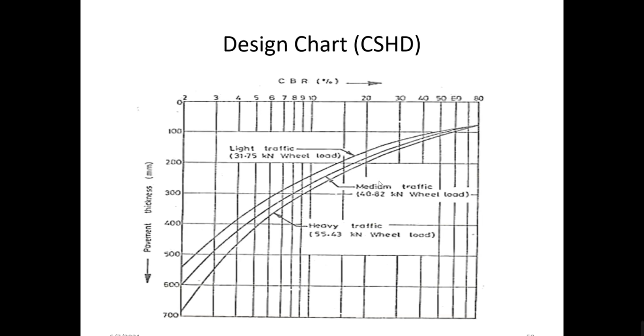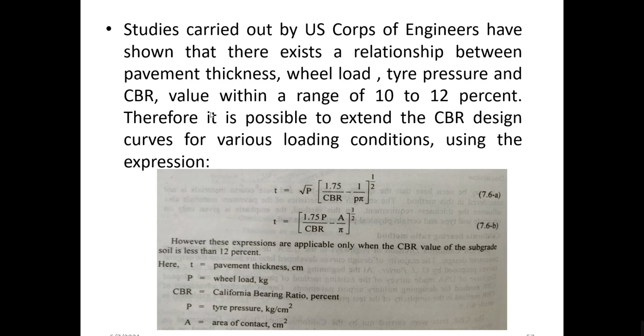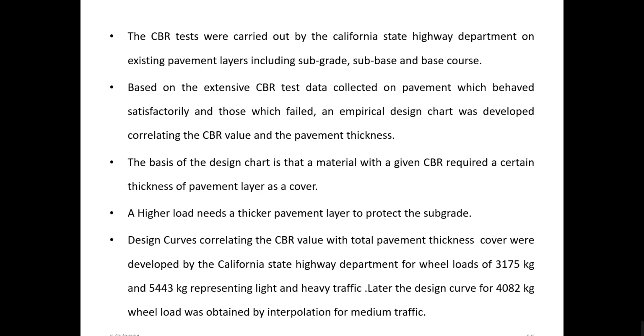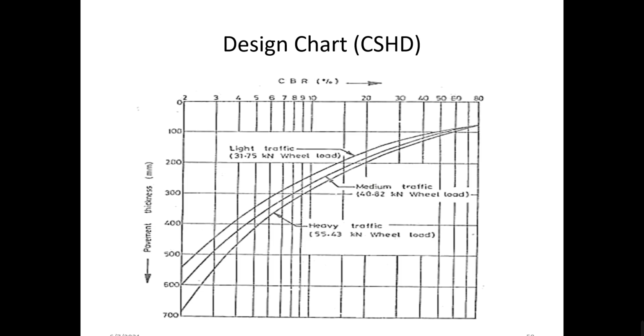Along the x-axis we have the CBR variable, which changes from 2% to 12%, and beyond that, 20% to 80% are correlated. So what we have seen is that the US Corps of Engineers as well as California Division of Highways have given these curves for light, medium and heavy traffic for CBR varying from 2, 3, 4, 5, 6, and so on up to 10 to 12%.